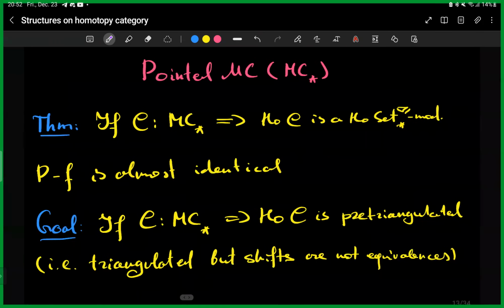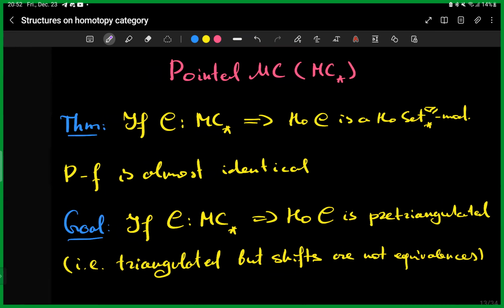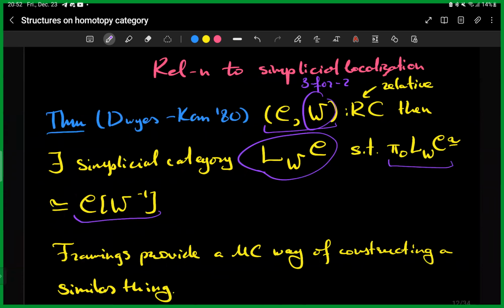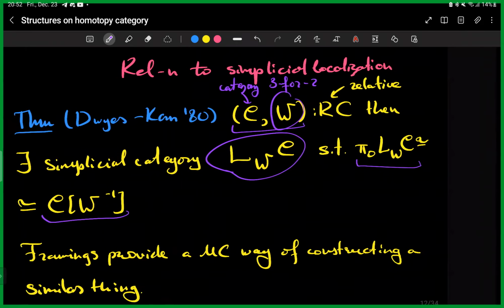Recall what a relative category is. A relative category is just a category with a wide subcategory, meaning that it contains all the objects, and the 2-out-of-3 property.